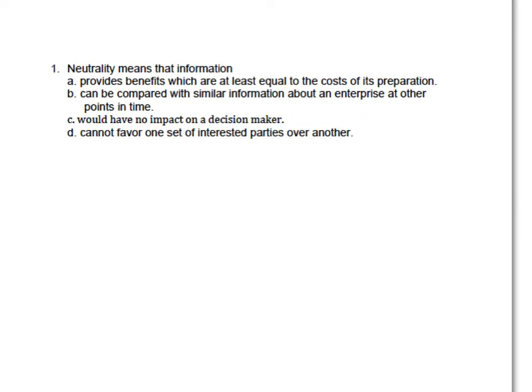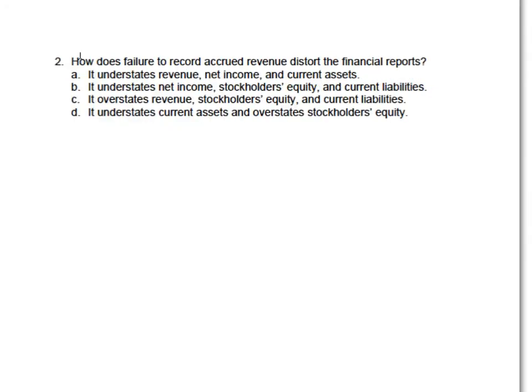C, would have no impact on a decision maker, and that one runs directly counter to what we have in mind. And D, cannot favor one set of interested parties over another, and that's probably what we're looking for there. Is D the correct answer there?